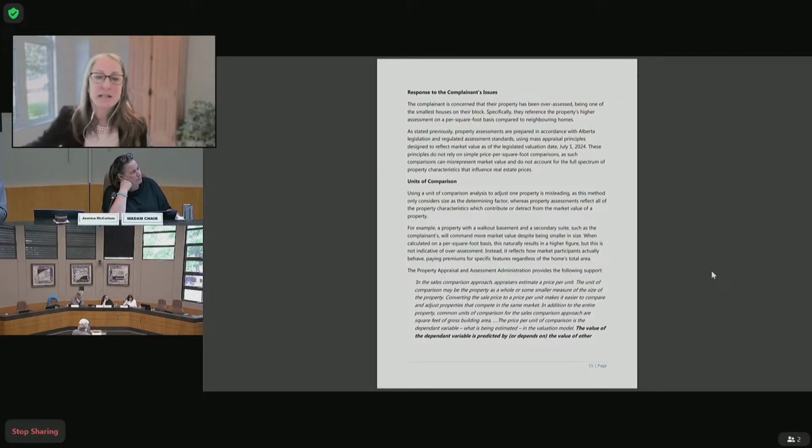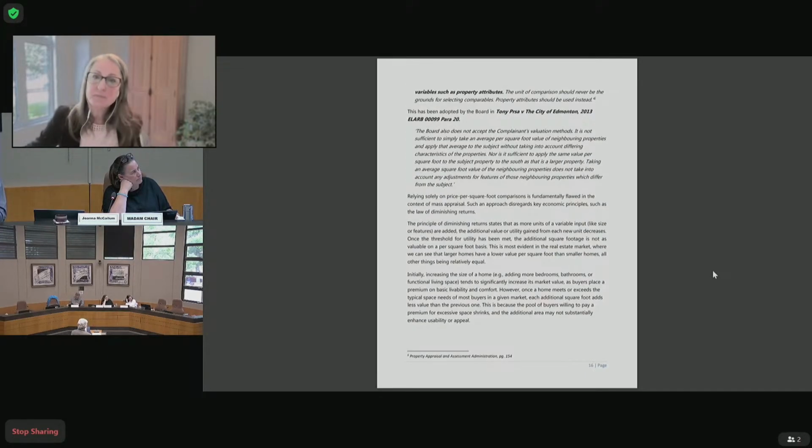So while the complainant's property does have one of the lower assessed values provided on the comparable list, its higher price per square foot is a result of several contributing factors. Specifically, the property features a basement suite, which is highly desirable in the town of Canmore. It has a walkout basement, and it backs onto Cougar Creek. All of these factors add value and are not present in many of the comparable properties.